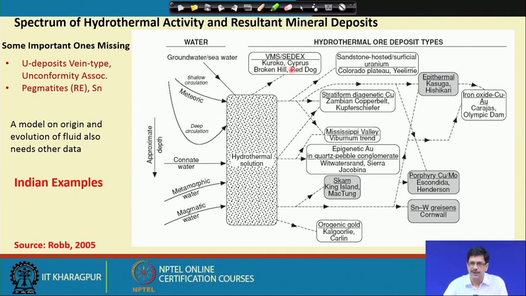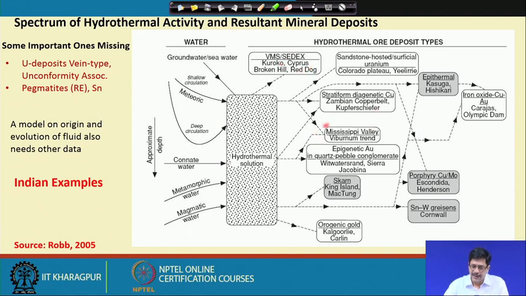Of late there are some occurrences in the South Delhi fold belt and also in central India, which are being described to have close similarities with volcanogenic massive sulphide deposits, but the only problem is that they are deformed and metamorphosed. So, their original characteristics are lost, but still they could be studied to understand the fluid characteristics.